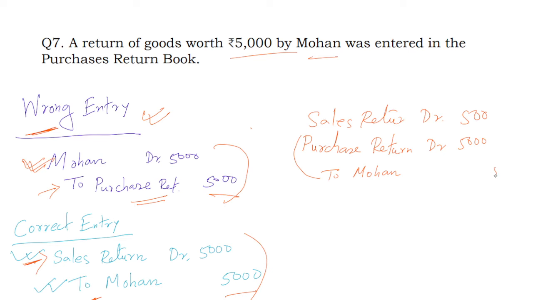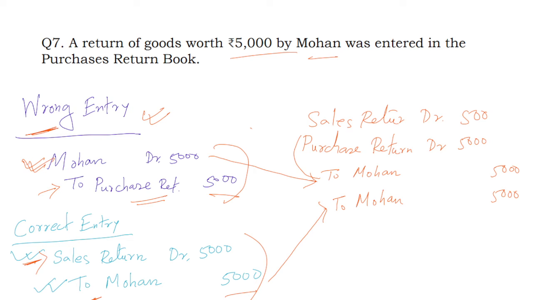First Mohan we have posted 5,000, this one from this Mohan is from here. And next this correct Mohan we are posting again to Mohan, 5,000. So this is the combined journal entry.